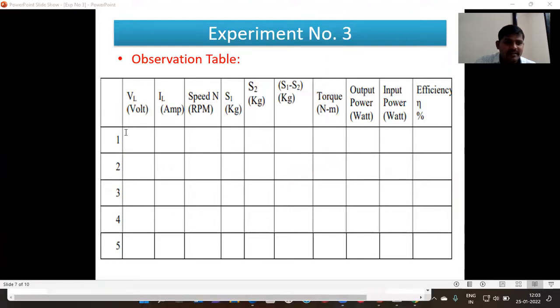We have considered 196 volt. Now the current at no load condition. What was the current at no load condition? 2.52. Right. Second one, at that situation what was the speed?